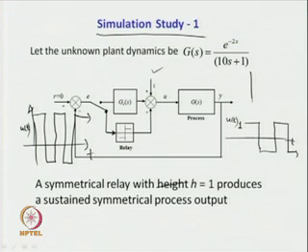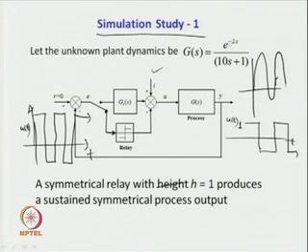So, we shall get some asymmetrical limit cycle output from the system. So, although the relay is symmetrical, the limit cycle output signal is asymmetrical.